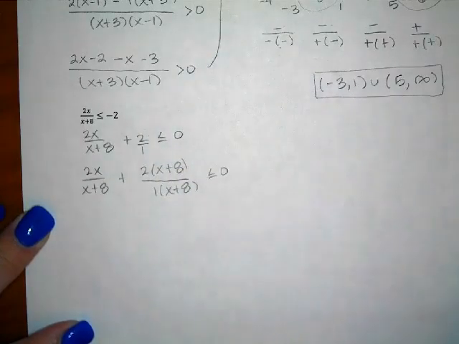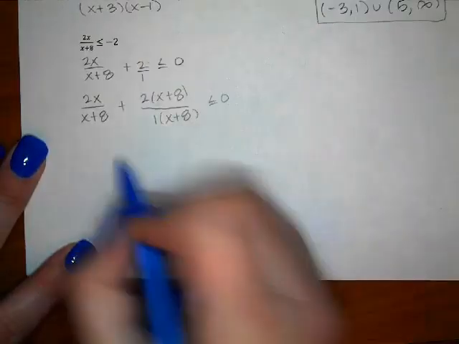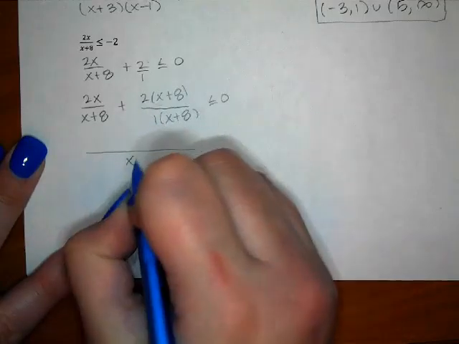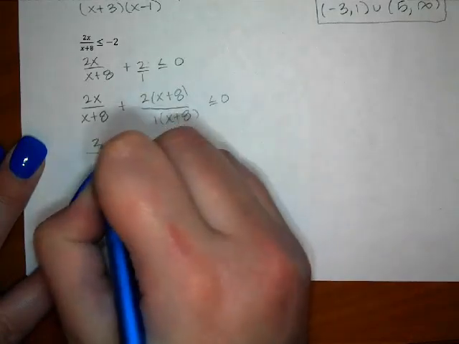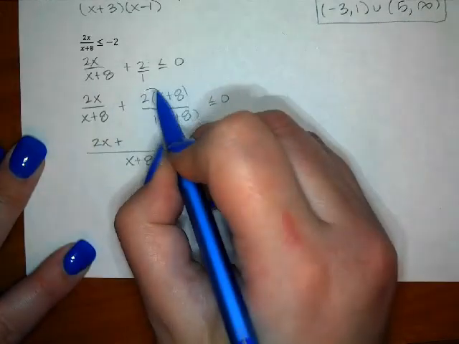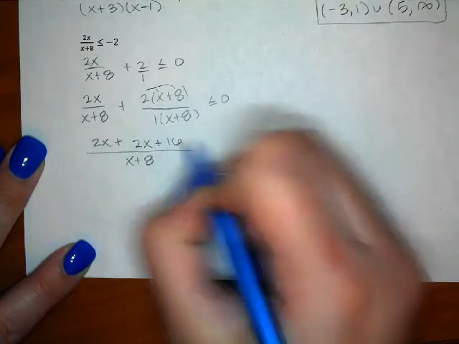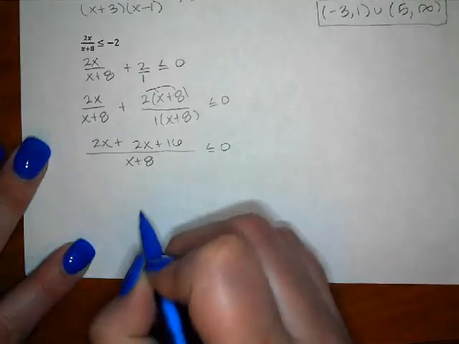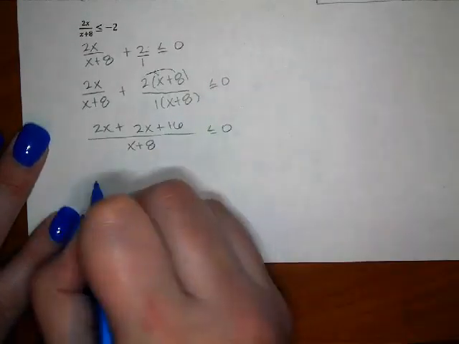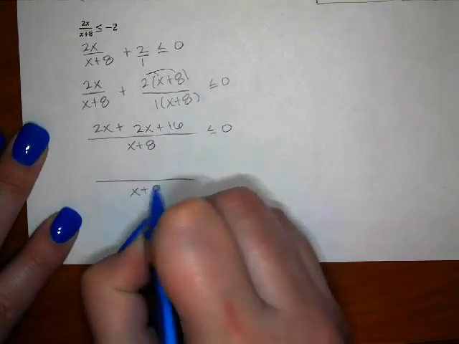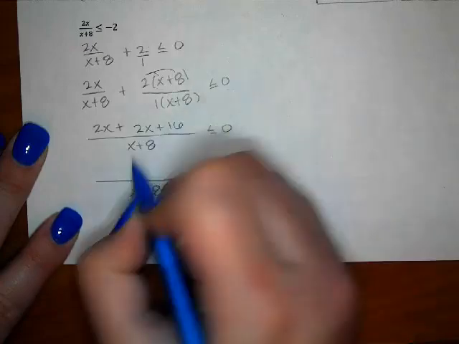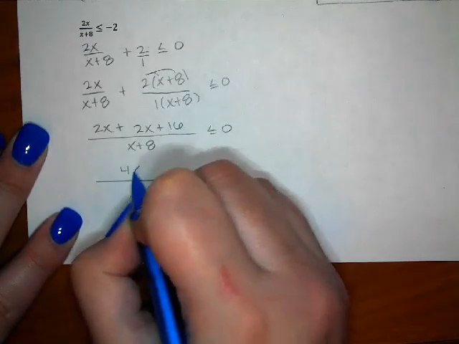And this would be 2x plus 16. Four x plus 16. So I can factor that in the top to see what the x-intercept would be.